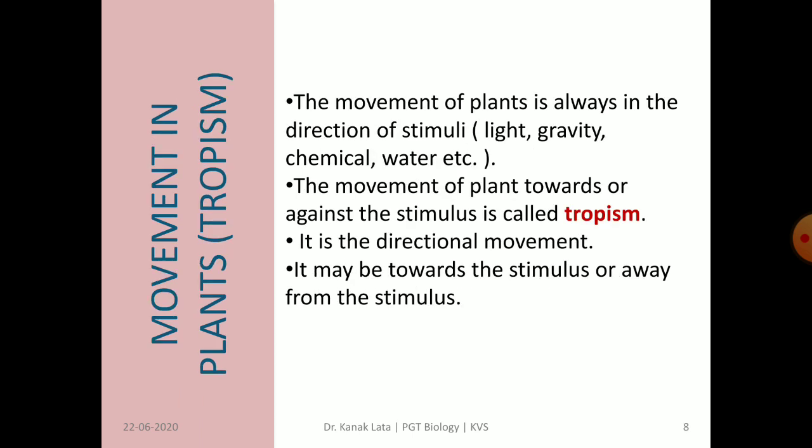Now the next topic is movement in plants. The movement in plants is called tropism, and the movement is always in the direction of stimuli like light, gravity, chemicals, water, etc. So the movement of plants towards or against the stimulus is called tropism, and it is a directional movement.